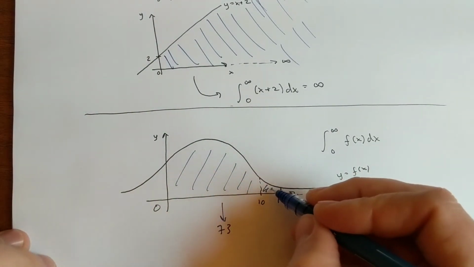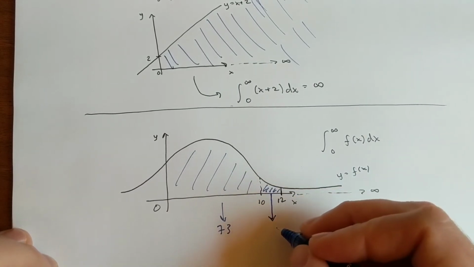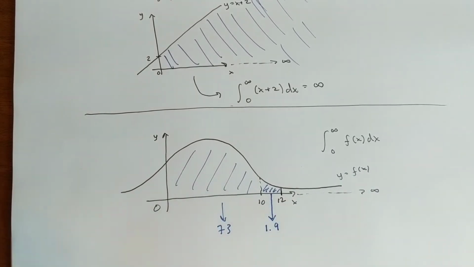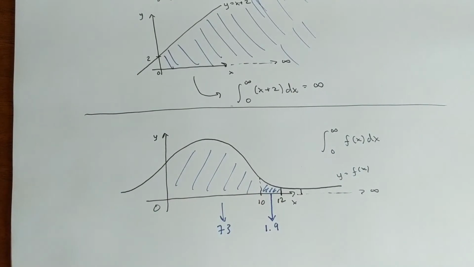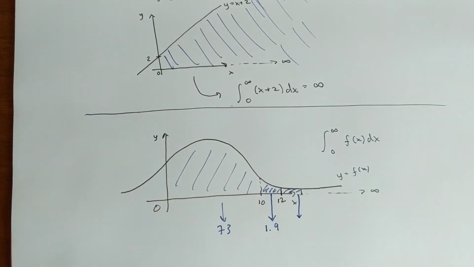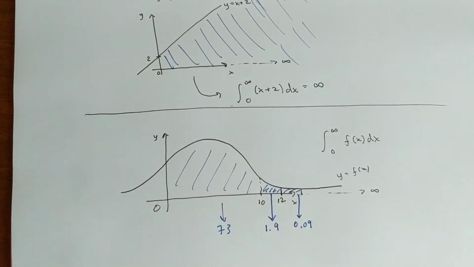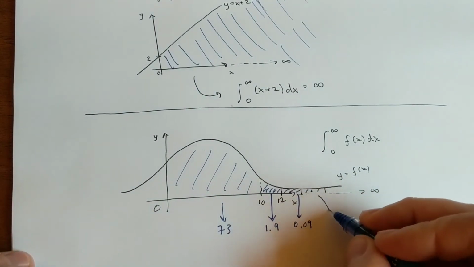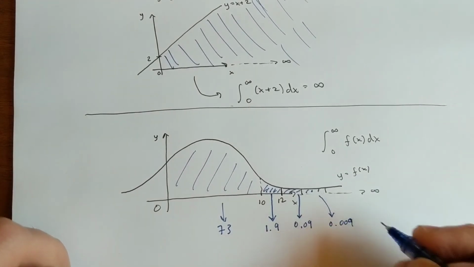And now this little section here, let's say, is only adding like 1.9. And then let's add another little section here. And so what's the area that we've just added on as we're going out to infinity? Let's say it's 0.09. And then another section, and let's say 0.009. And so on.